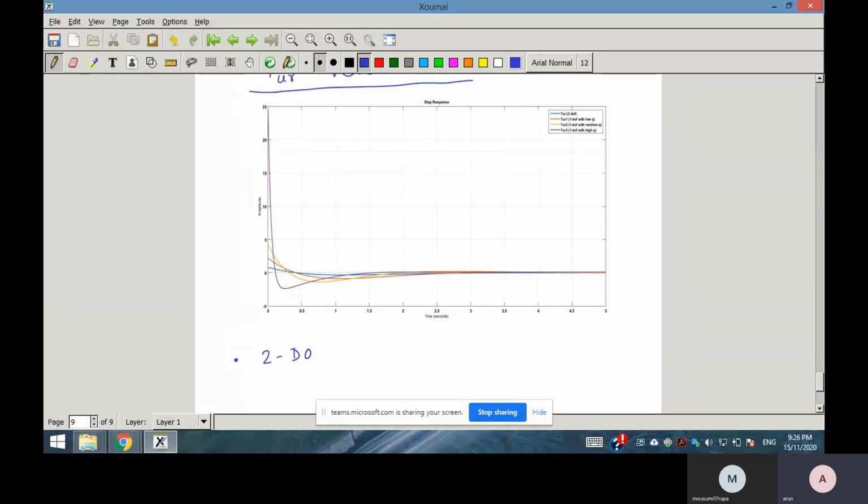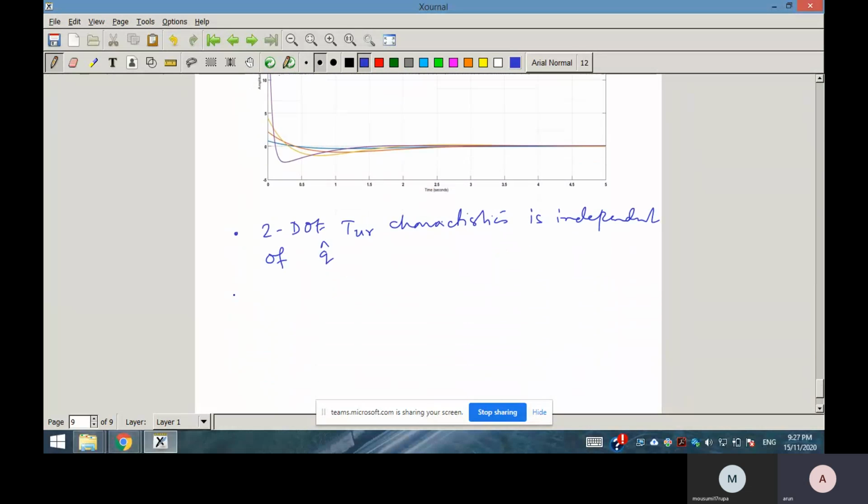2 degree of freedom TUR characteristics is independent of Q hat, the same thing we have also derived.